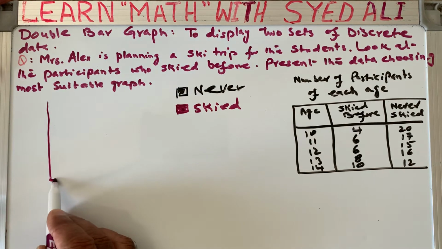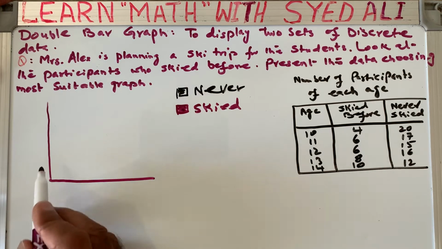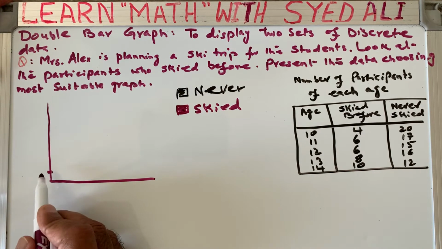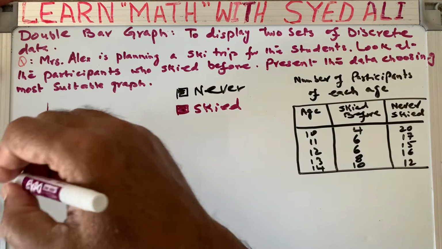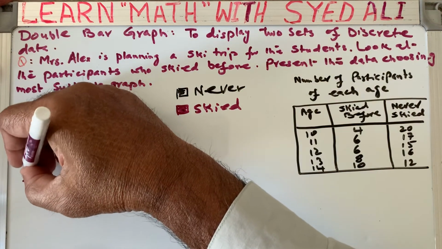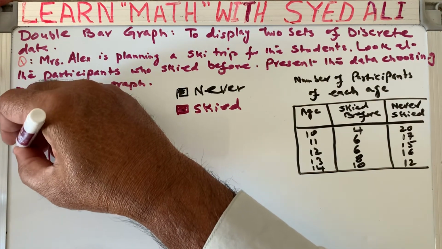So we have it like this, right? And we can plot the number of the students, or number of the participants. So here we are plotting the number of participants.